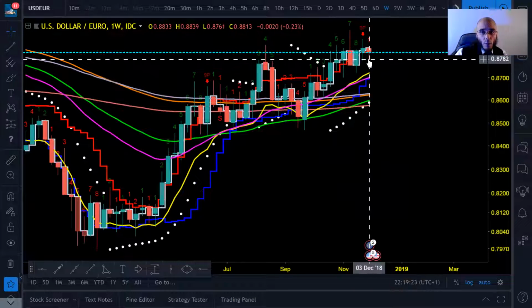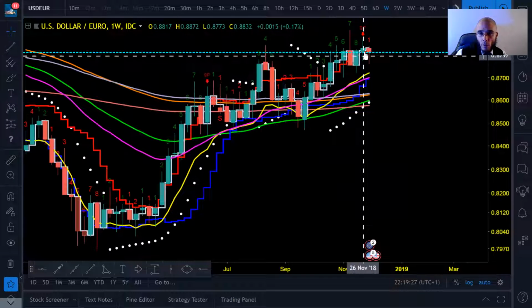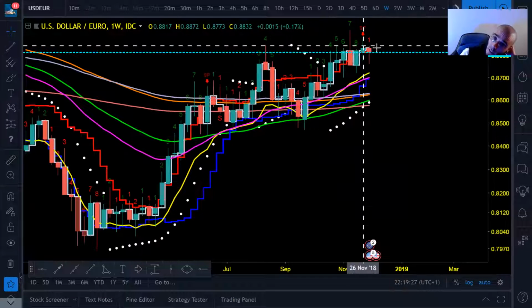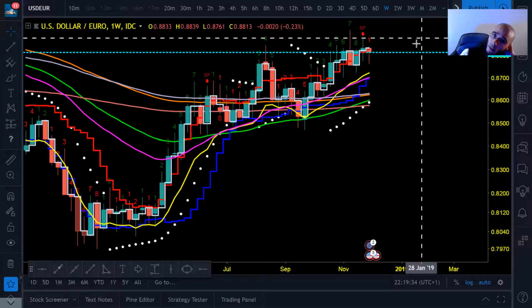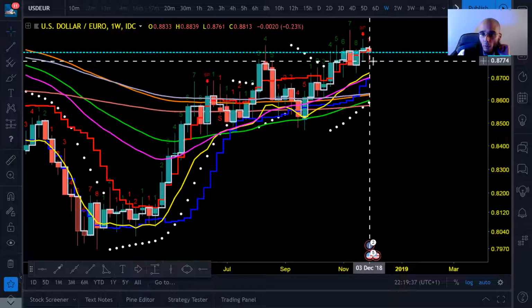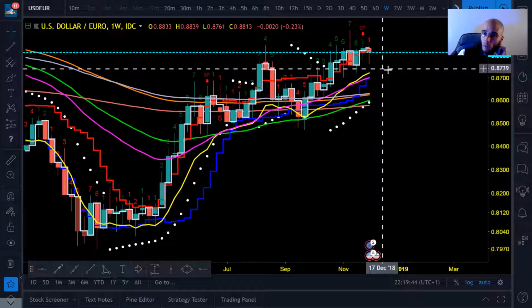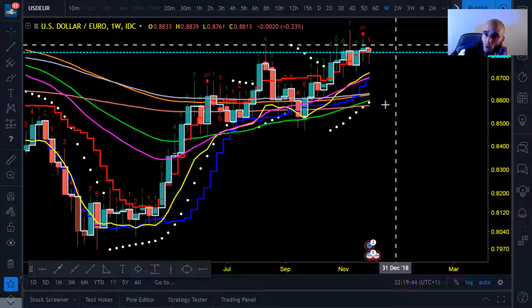The US dollar versus the euro. So the dollar did hit a 9, and now you're looking for a 1 to 4 candle correction and then higher. So you're on a red number 1. That would be the only red number 1 you get, or you could have 3 more red numbers, and then you should go higher again.